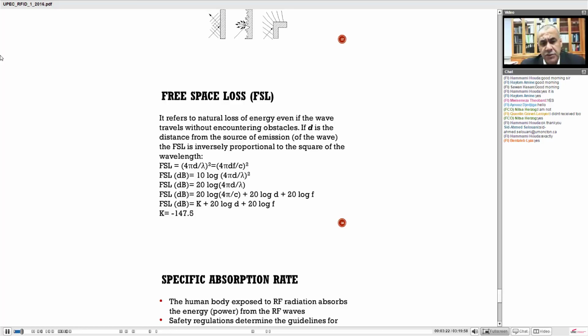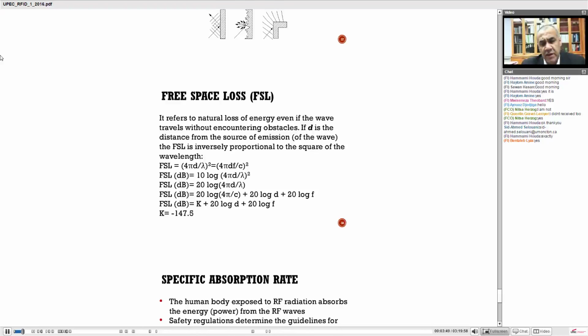It is proportional to the distance and inversely proportional to the square of the wavelength. It's very important to keep this in mind, because when you send an electromagnetic wave and increase the distance, you will lose energy, and it depends on the frequency and the wavelength of the wave. So this is the formula.